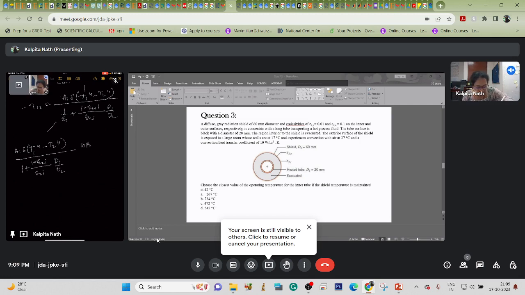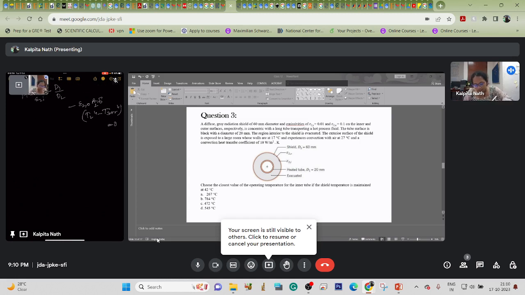Minus the convection equation, which is simply T1 minus T2 minus T infinity. Now epsilon 2 naught is the outer surface, so this is A2 sigma (T2 to the power 4 minus T surrounding wall to the power 4) is equal to 0.